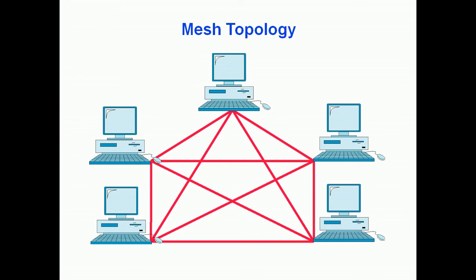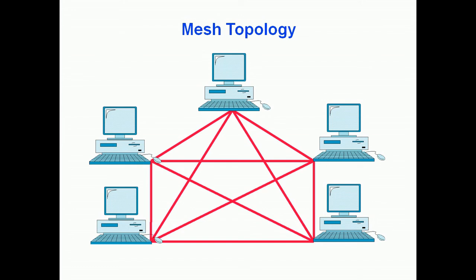If in any network devices are connected using mesh topology, this type of arrangement should be made. In this diagram, there are 5 computers and each computer is connected to every other computer in the network.